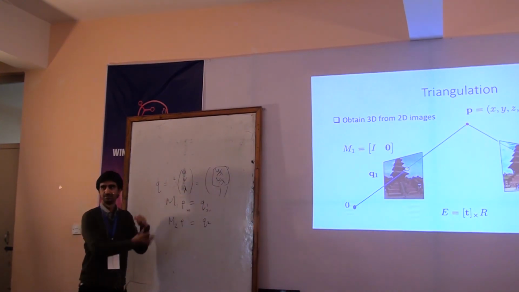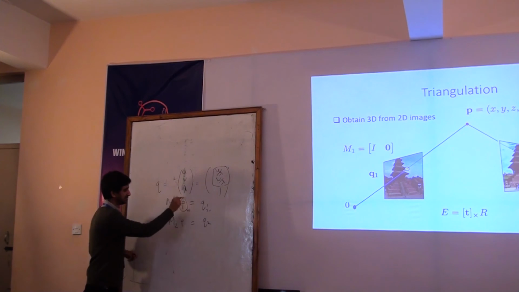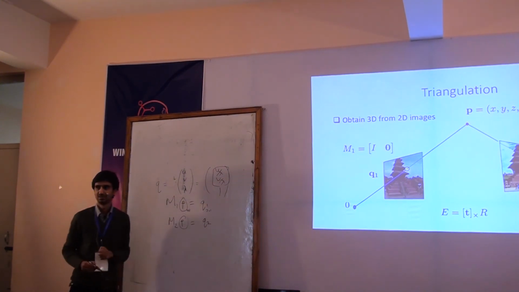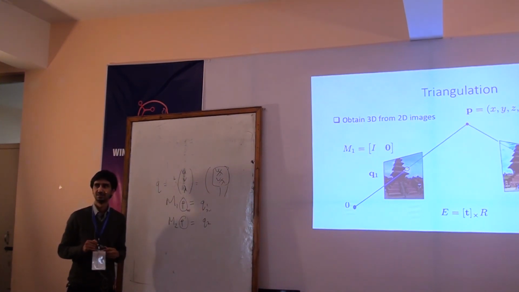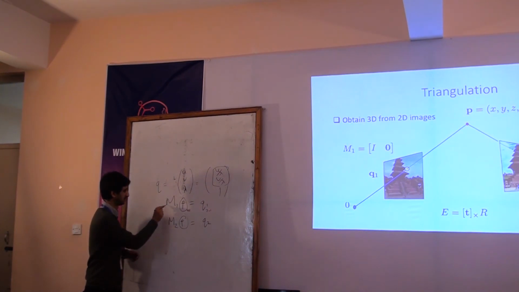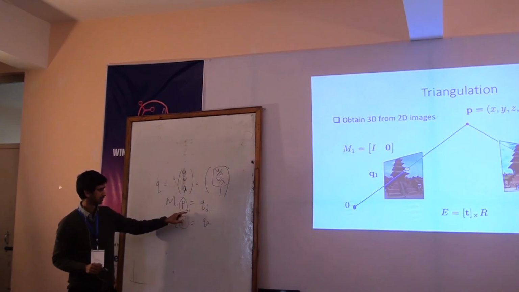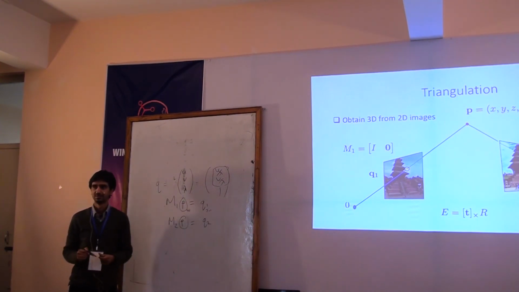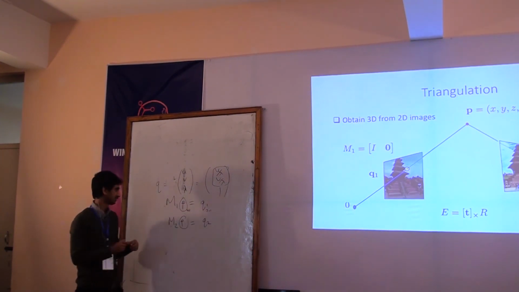Now you just stack them. It's the same P. This P and this P are the same. Do you agree? With 2 cameras, you can stack them and just solve for P. This is called triangulation.